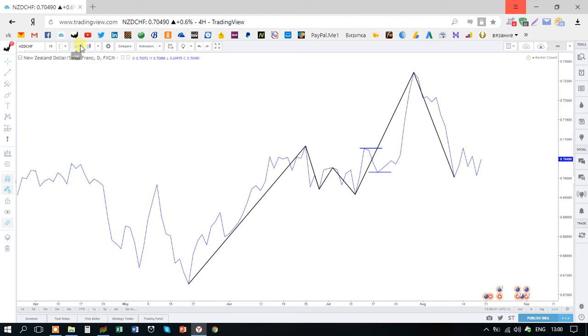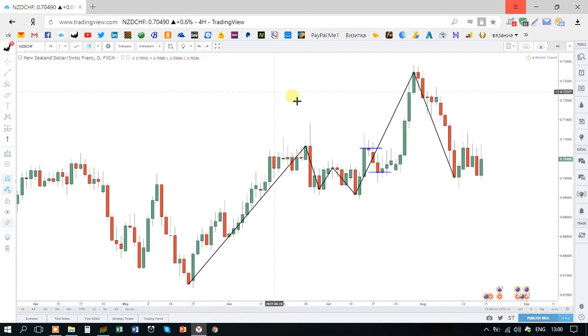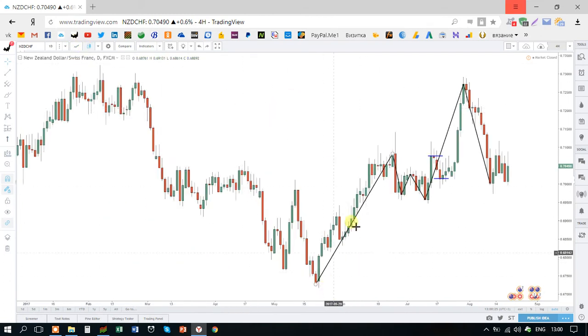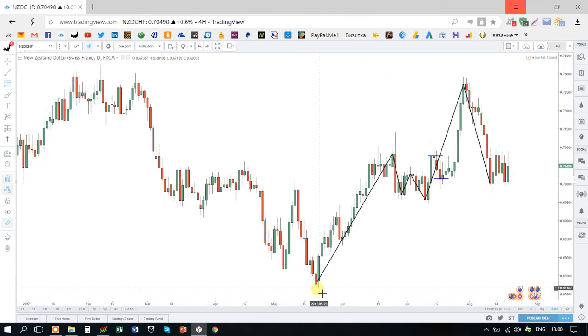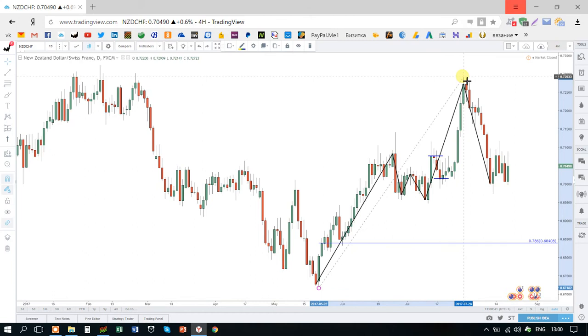That's why the rules for the advanced formation say that the X to A movement should be an impulse leg or an anchor leg, and that's why it should be only one movement, only one line. So if you stretch the Fibonacci, you should stretch it this way, from X to A, and it is prohibited to stretch it this way.